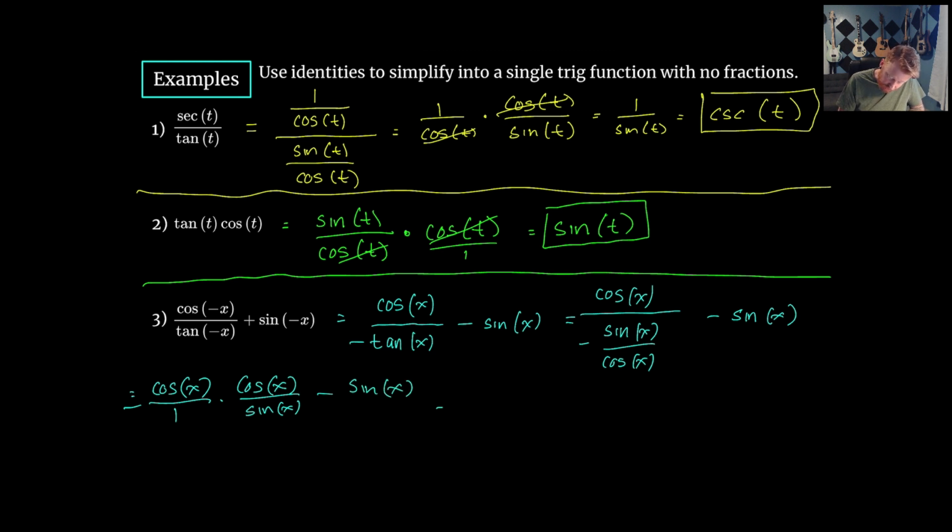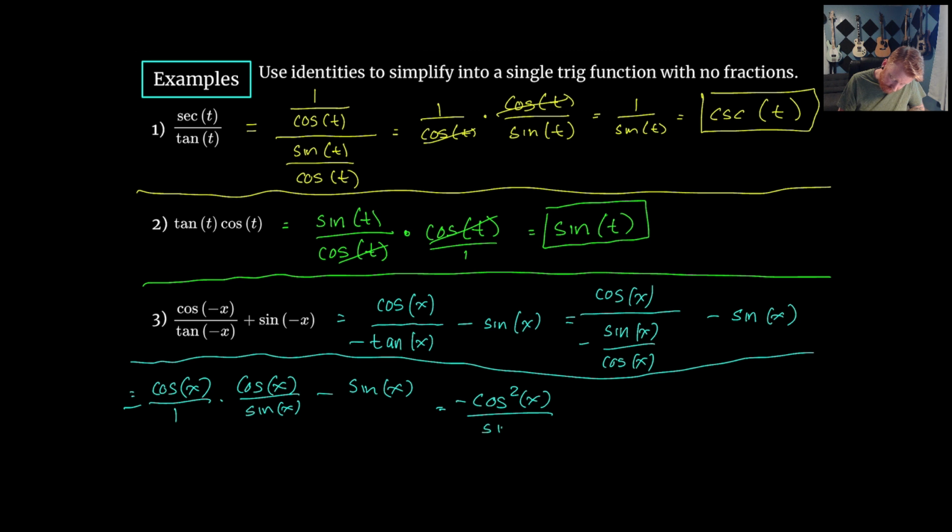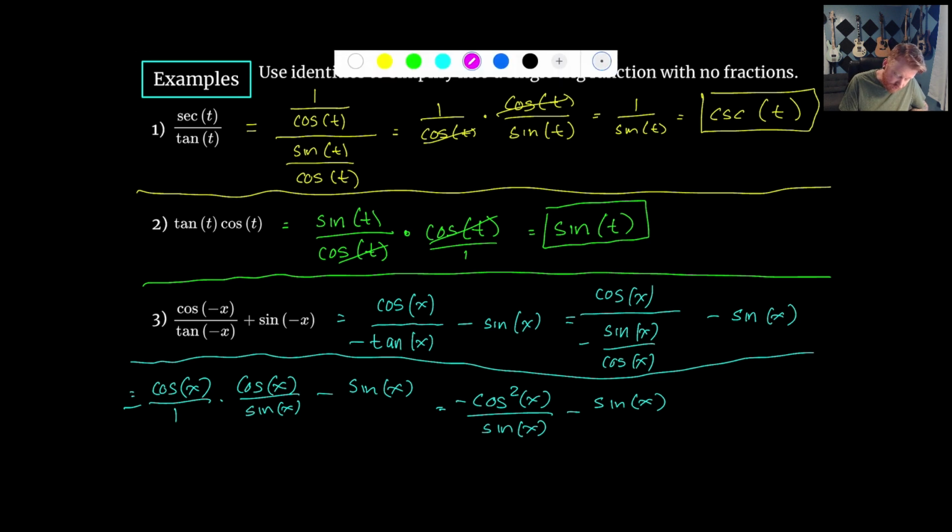So now I can multiply, let me put a little visual separator here. Now I can multiply the left-hand side together, and I'll have negative cosine squared x over sine of x minus sine of x. Since I'm trying to get this into a single trig function, I think now I need to do the subtraction. So let me get a common denominator here.